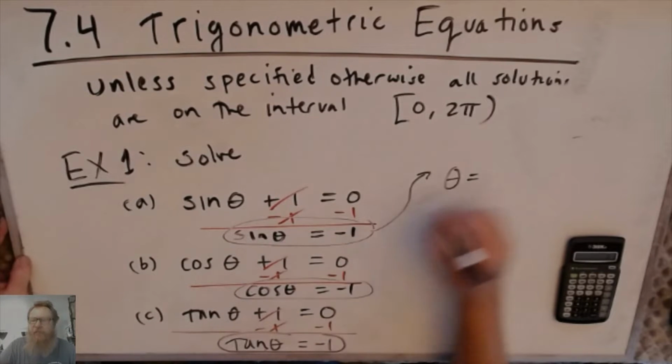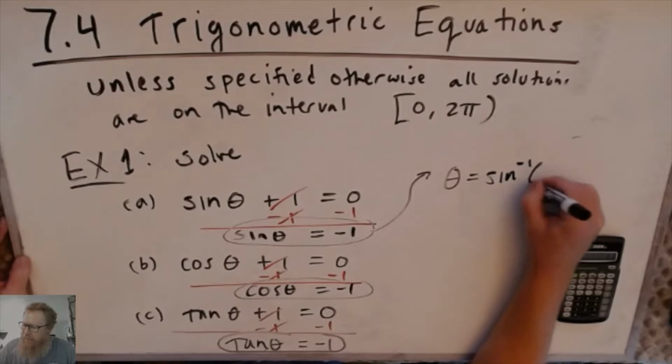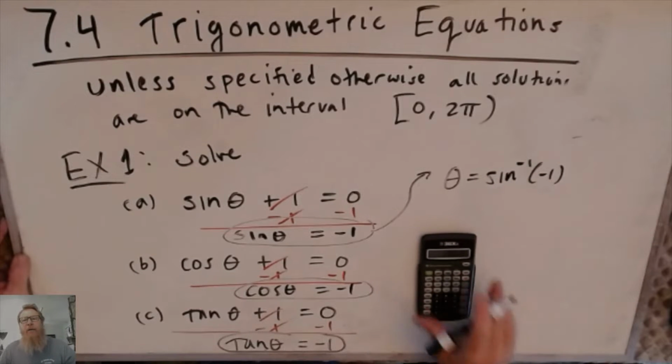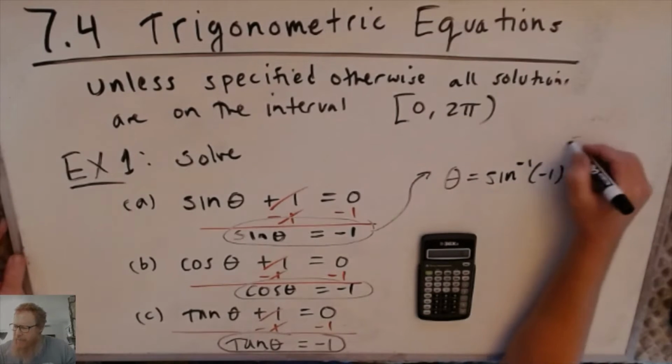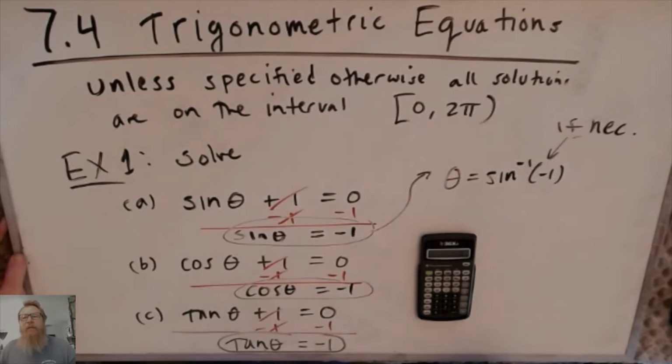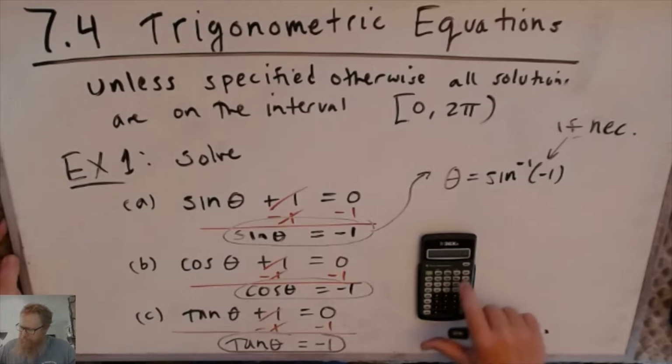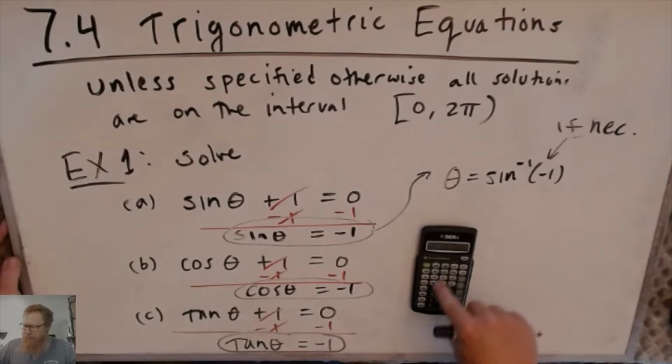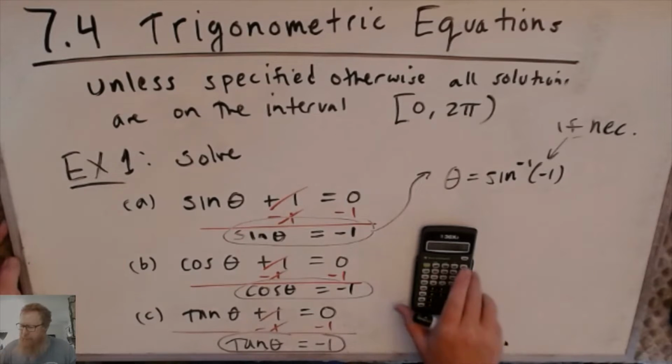So for sine, you would do sine inverse of -1 if necessary. And you could do that if you really wanted to. You hit -1 on your calculator, and then I think it's a second function, and right above the sine button is your sine inverse button.